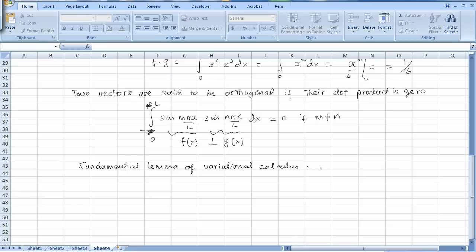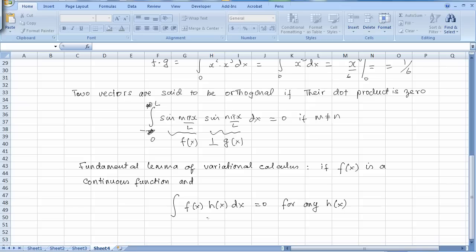It says if f of x is a continuous function and the integral of f of x h of x dx is equal to 0 for any h, then f of x equals 0.